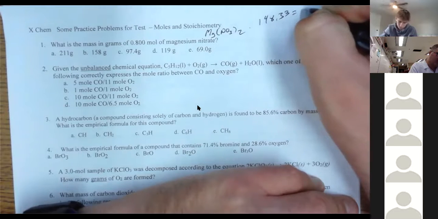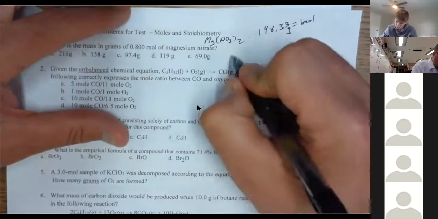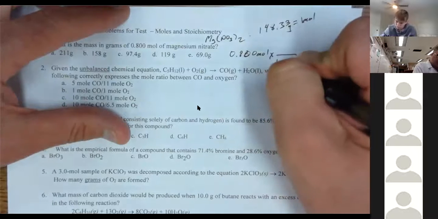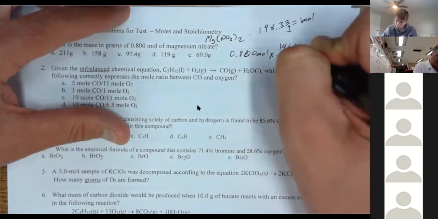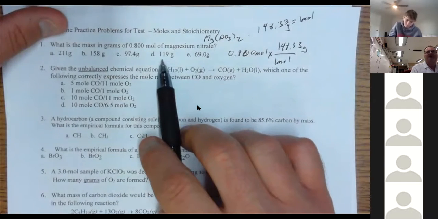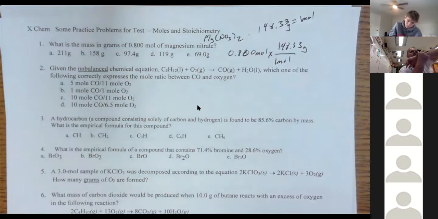That's equal to 1 mole. So I have 0.800 moles, and every 1 mole is 148.33 grams. When I'm looking at this, the only one that really makes sense is probably this 119, but let's check that. 0.8 times 148.33 is 118.664. So the answer for that would be D.